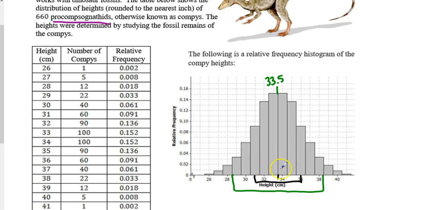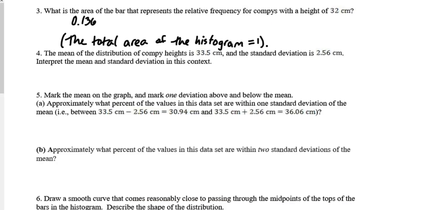So, okay, that looks like, yeah, typically the data fall within 2.5 of the mean, and the mean is 33.5, which is a typical height. A compy tends to be around 33.5 centimeters. Let's interpret that. It's important that we can't just do the computations, but we can also interpret them, say what they mean.